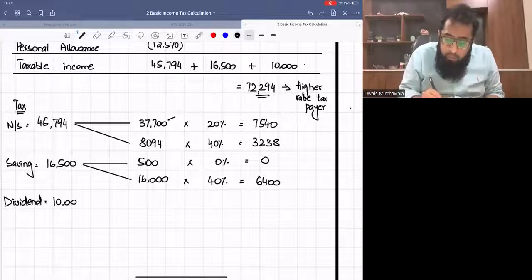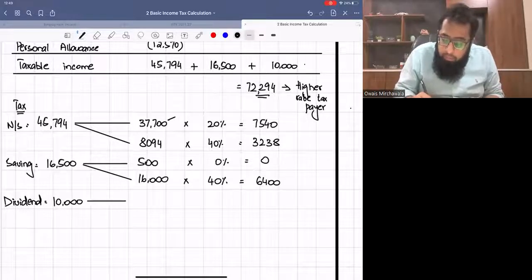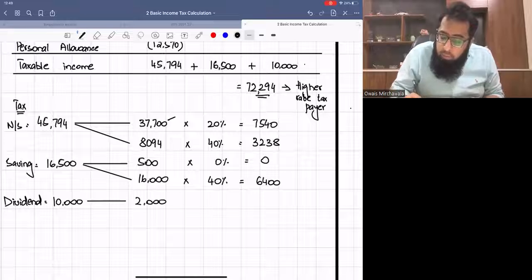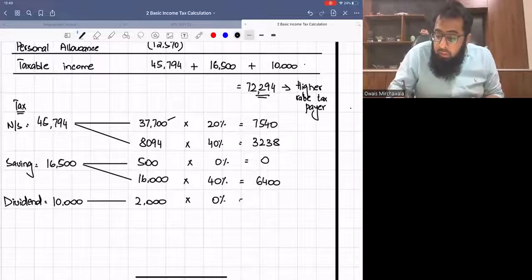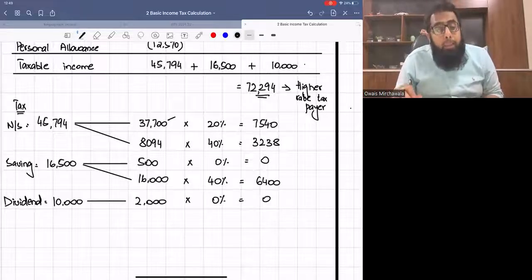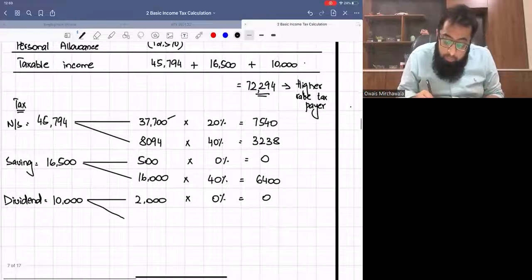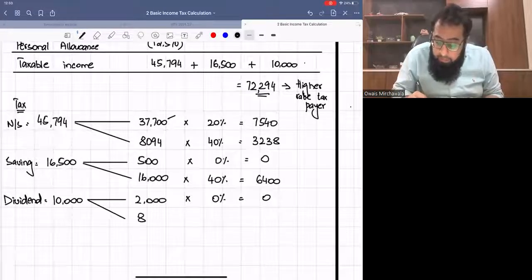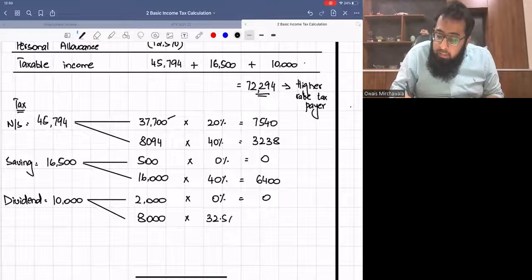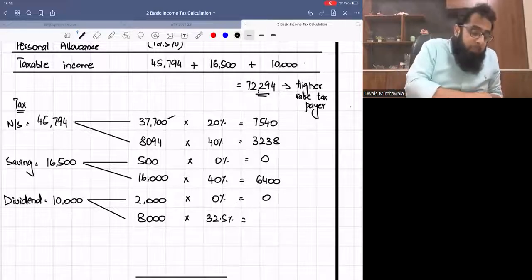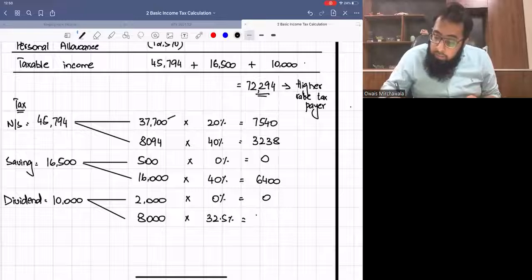For dividend income, the rule is very simple. The first 2,000 always go at 0% band, and the remaining dividend will go in the higher rate band since we are higher rate taxpayer. So this is 2,600.